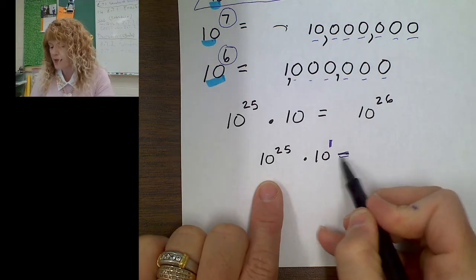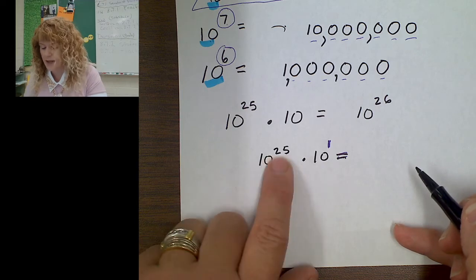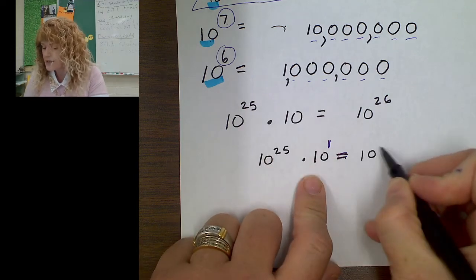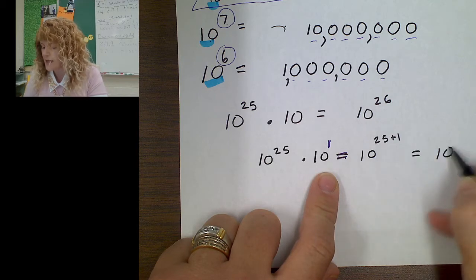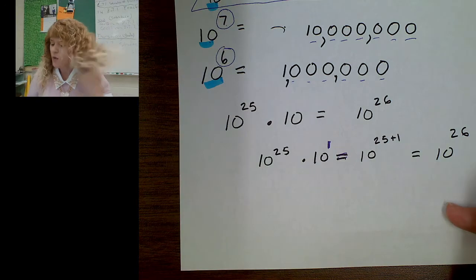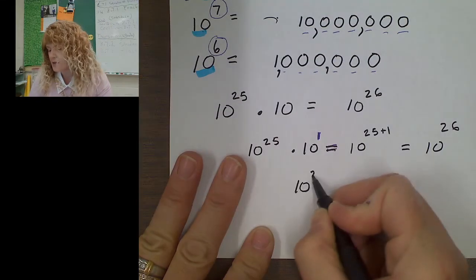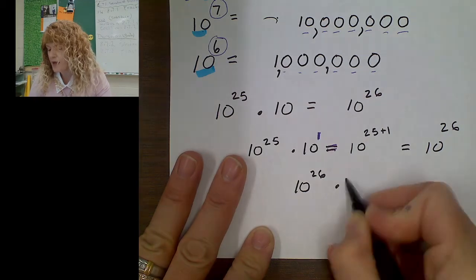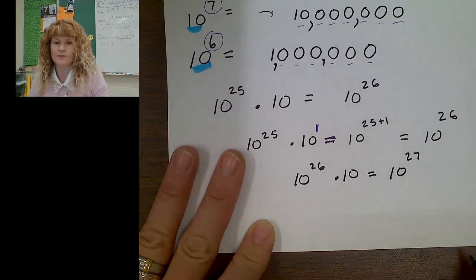When you multiply the same base, you add the exponents. So add 25 plus 1. 10 to the 25 plus 1 equals 10 to the 26th power. What if I multiplied that by 10? 10 to the 26th power times 10 equals 10 to the 27th power.